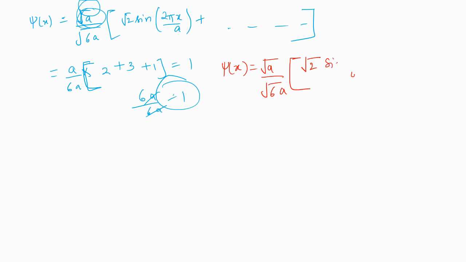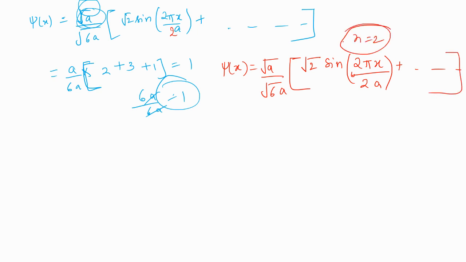We only need to focus on this part, because the other part we are not asked in the question. We are asked to find out the particle state in n is equals to 2 state and the probability of it. So you know very well the probability will be the coefficient that is written before it.